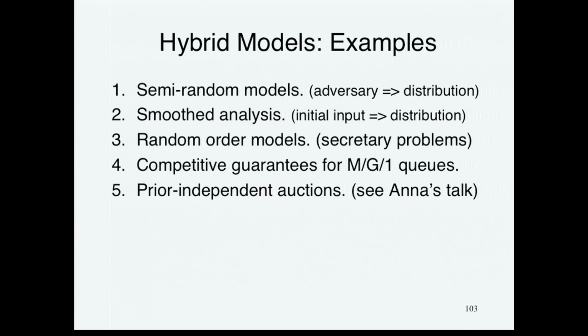And then Anna, I hope you go to her talk tomorrow morning. One of the things she'll talk about is prior-independent auctions. This is part of algorithmic game theory, where you don't assume that you know a distribution like you historically do in economics. You just assume something like independence of different bidders, and you want an auction which does almost as well as optimal no matter what the distribution actually is.